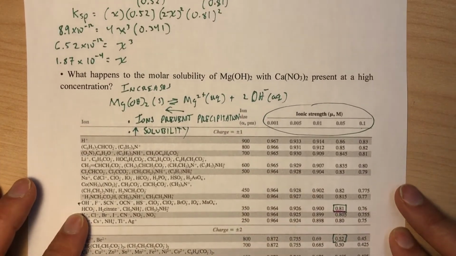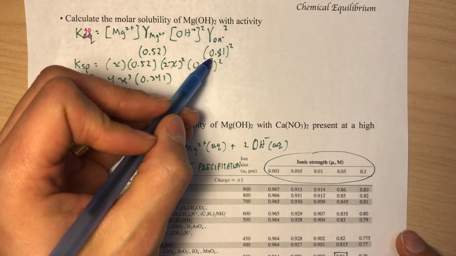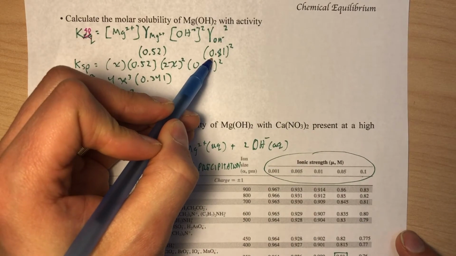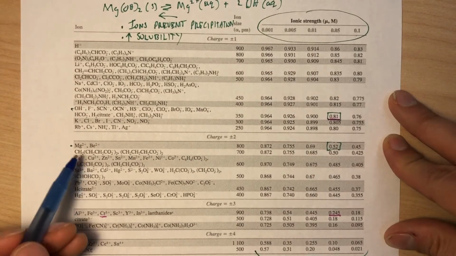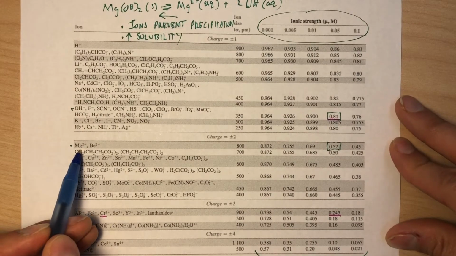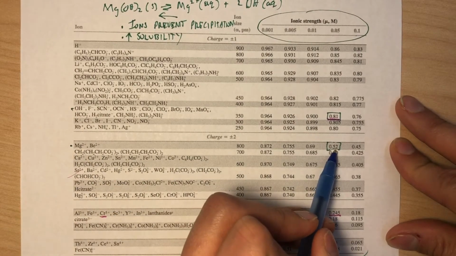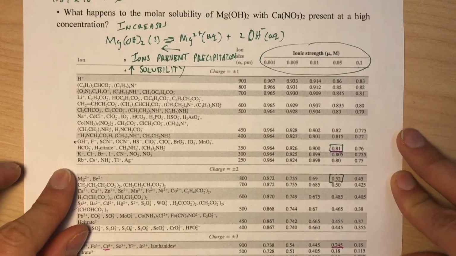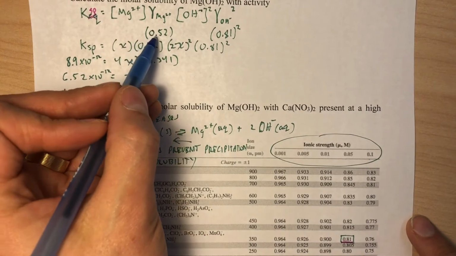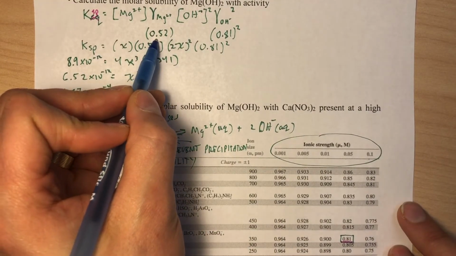And we use that 0.81 for our gamma value for hydroxide. We then need magnesium. Magnesium is found in the section with a plus or minus 2 charge, which is found here. Going over to our second to last column, we find that magnesium 2+ has a gamma value of 0.52, which we use for our activity coefficient for magnesium.